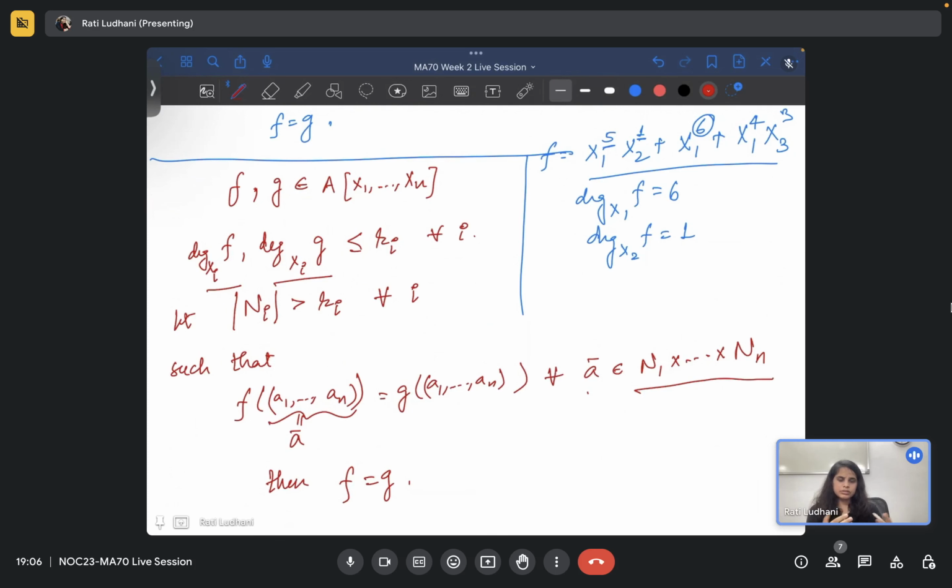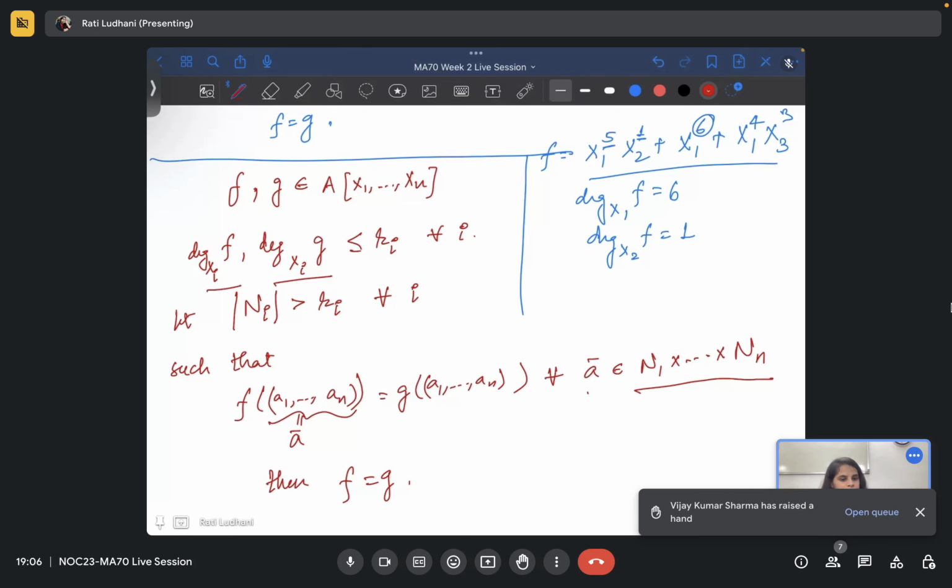So if it is 0 on a big enough set, then the polynomial has to be 0. You can think of f minus g also. I'm saying if f and g are equal on some big enough set, then f and g as polynomials have to be equal. So that's the identity theorem.